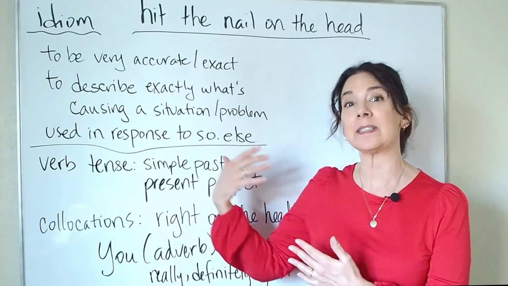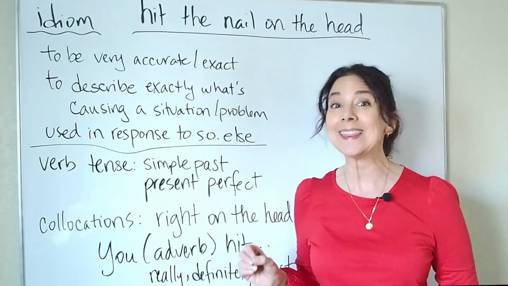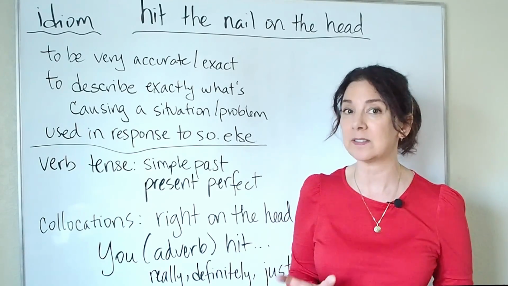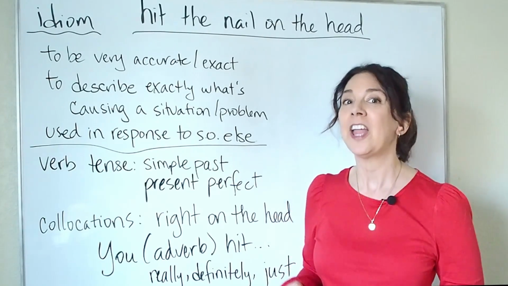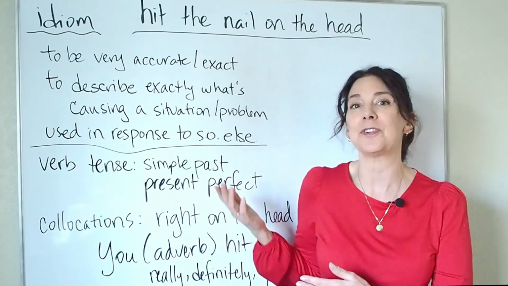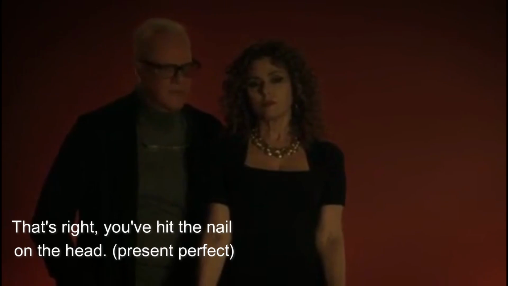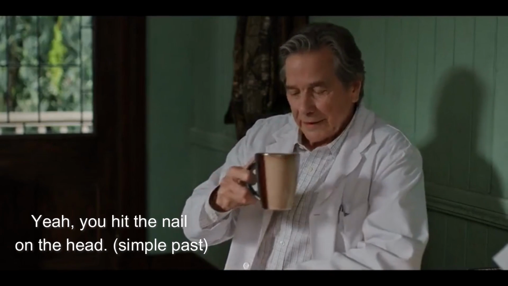Instead, we're responding to what someone else has just said, so we can say, you hit the nail on the head. That's simple past. Or, you've hit the nail on the head. Present perfect to refer to something that has just happened. That's right. You've hit the nail on the head, Nick. Yeah, you hit the nail on the head.